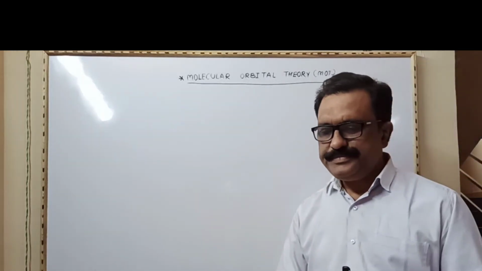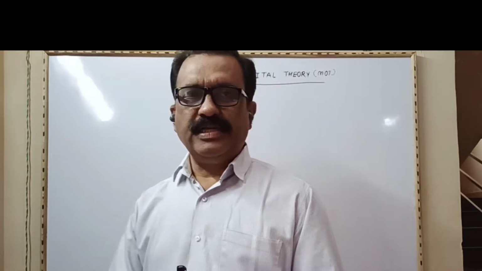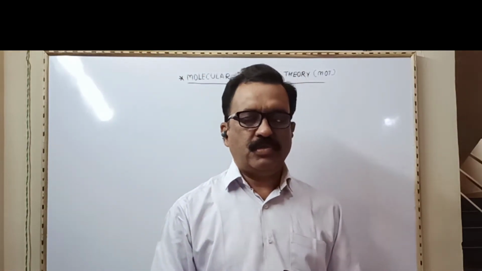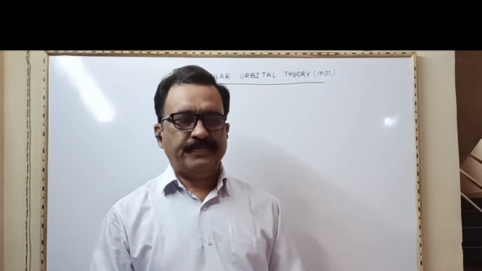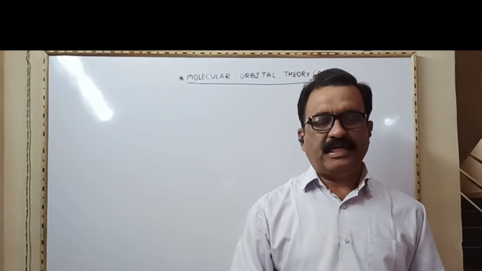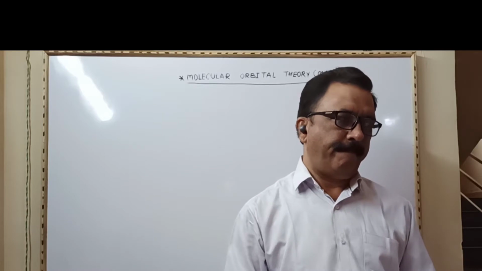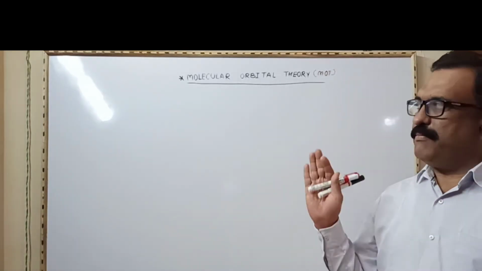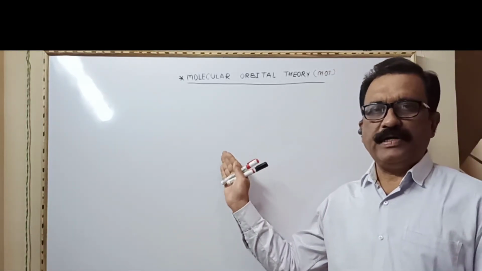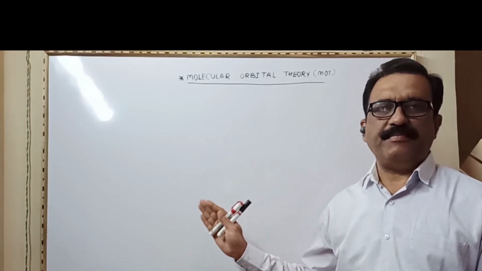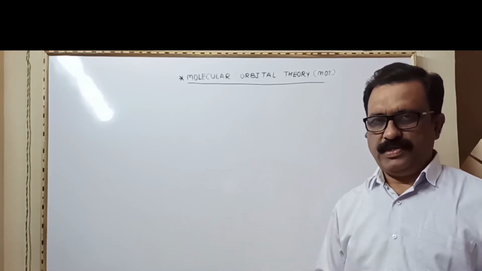This molecular orbital theory is also useful to explain the magnetic nature, that is, the diamagnetic and paramagnetic nature of a molecule. This theory gives the number of bonds formed in a molecule, as well as it explains the stability of a molecule.